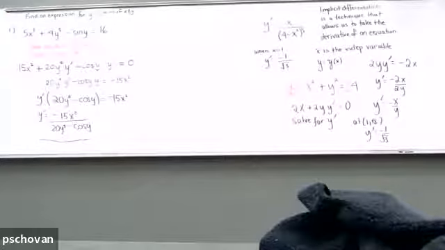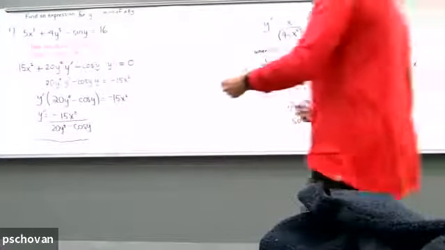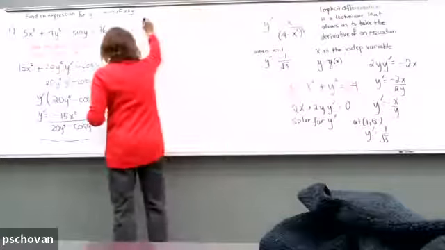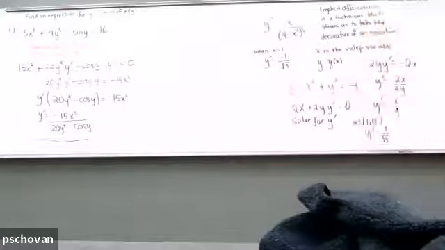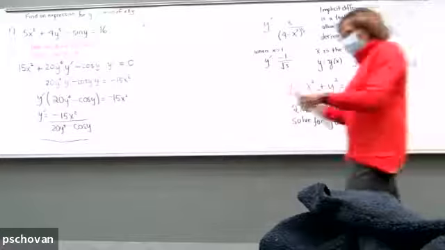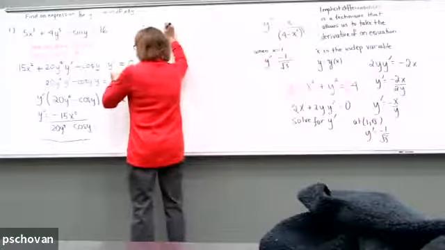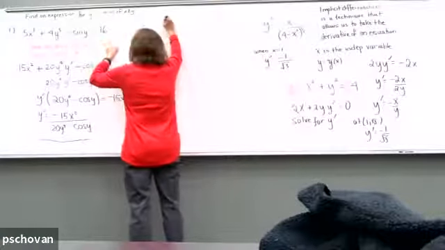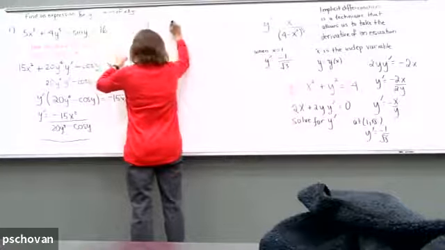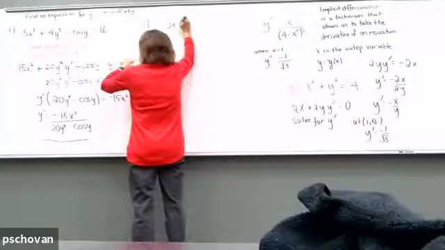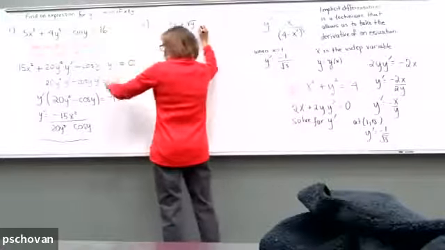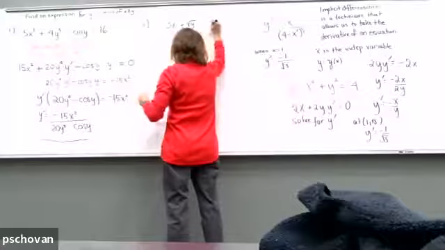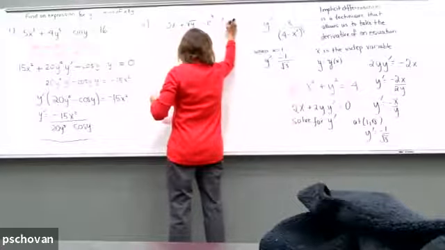All right, so I got some examples here. Find y prime, same thing. This time the equation looks like 3x to the negative 2 plus the square root of y minus e to the y is equal to 1 over x.